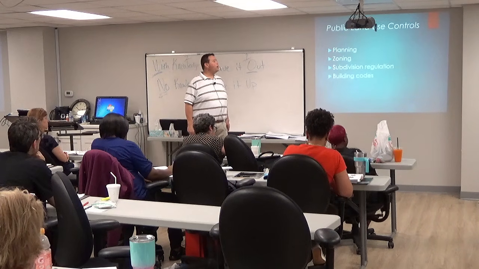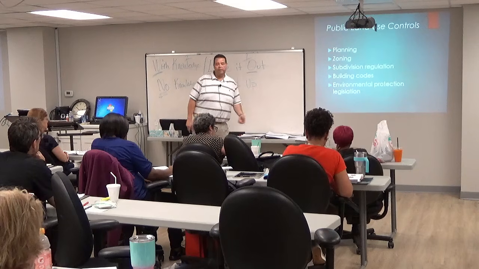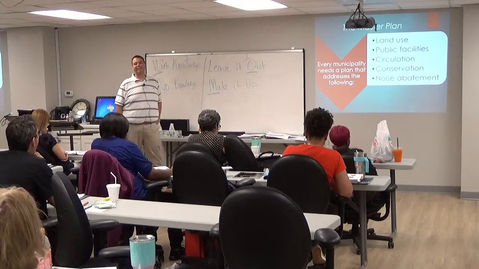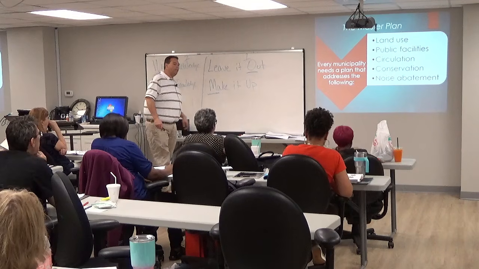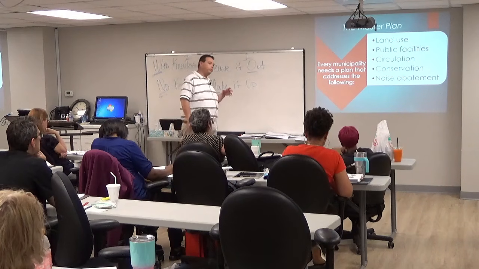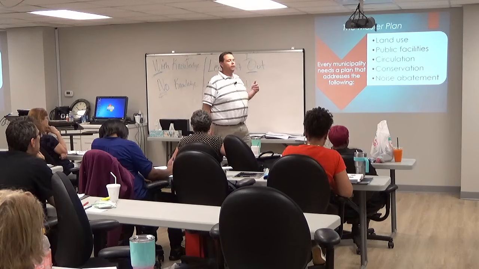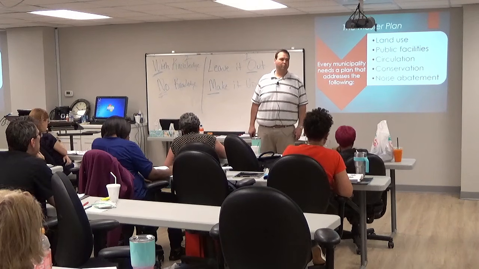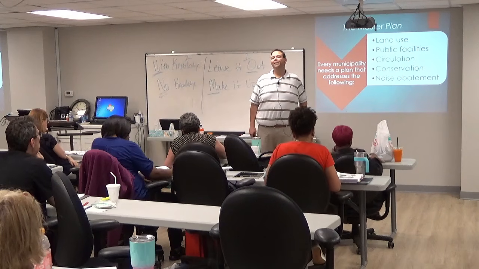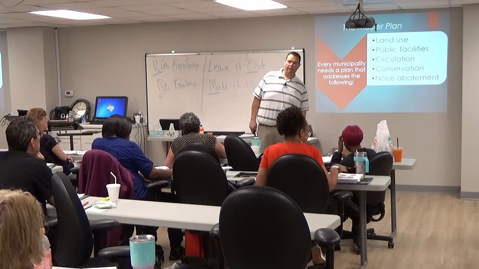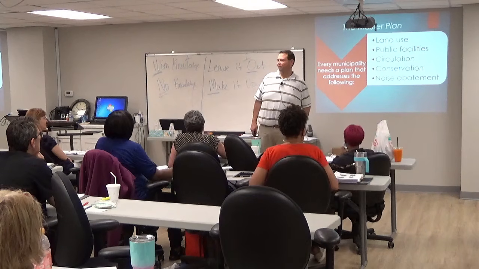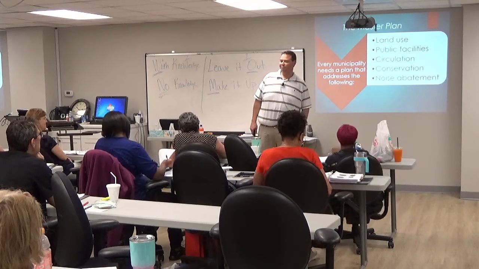So when we talk about public controls, there are several different categories. The first ones we're going to talk about is something called planning and zoning. Planning and zoning. This is the biggest example of a public land use control that we probably have. If you've never encountered zoning ordinances before, welcome to your nightmare for as long as you're involved in real estate.